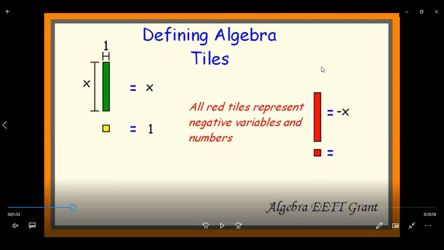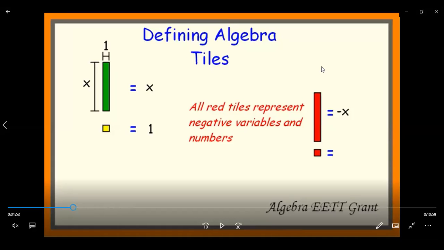The key for the algebraic tiles which we are going to use together today: a large rectangle means positive x. A small square means positive 1. So if I want to write x plus 1 using algebraic tiles, I put a green rectangle and then one yellow square.